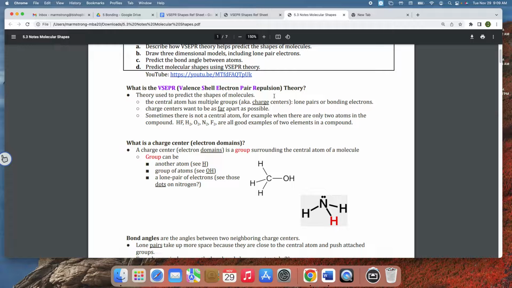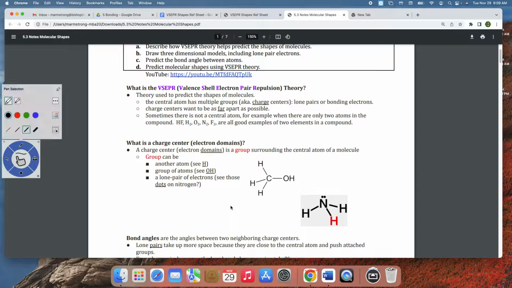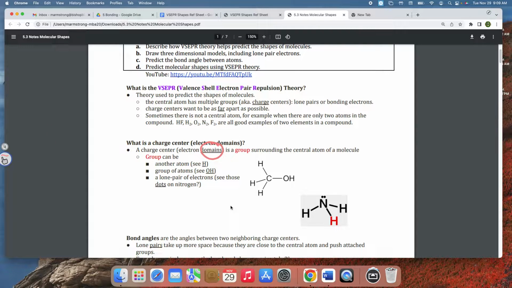It really is helping us organize the atoms in a particular arrangement such that we could see the angle and the shape of that compound. And so we talk about these things called charge centers or electron domains. And the domains really are the items around the center atom.